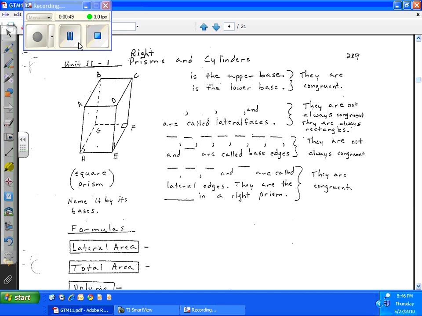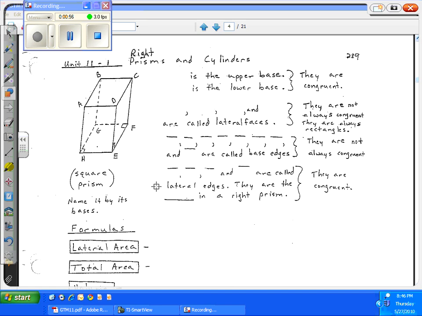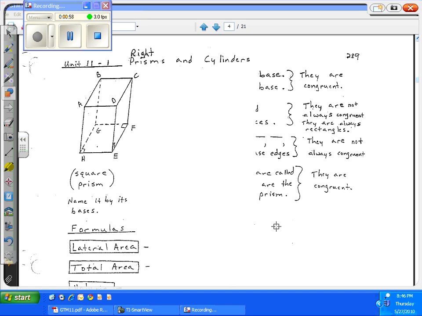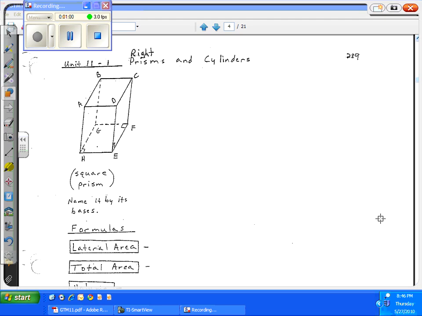Prisms and cylinders. Now, I'm not going to name all these pieces over here. You can look in your student edition for that. I'm just going to talk about that just a little bit. We call a corner a vertex. The plural for vertex is vertices, okay?